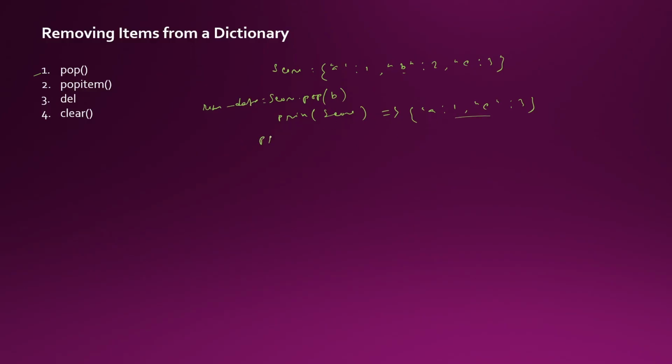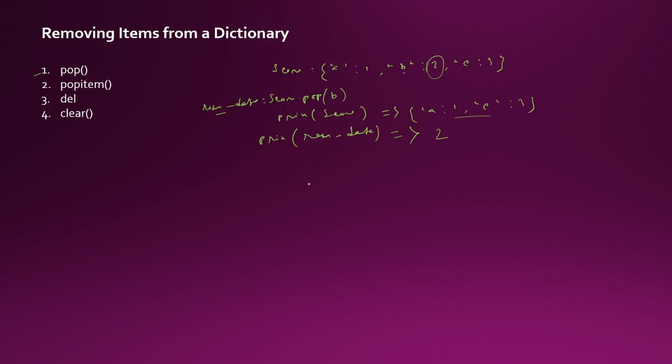But if you print removed data, that will show the output as 2, because whenever you use the pop method to remove a key and value, it will store this value. So it is useful when you want to store the deleted value somewhere in case of any requirement. In that case, pop is very important.